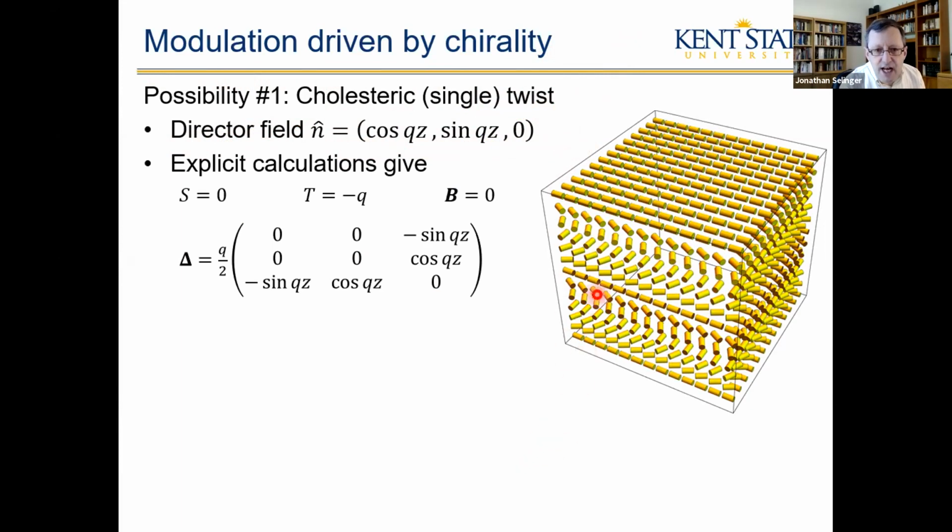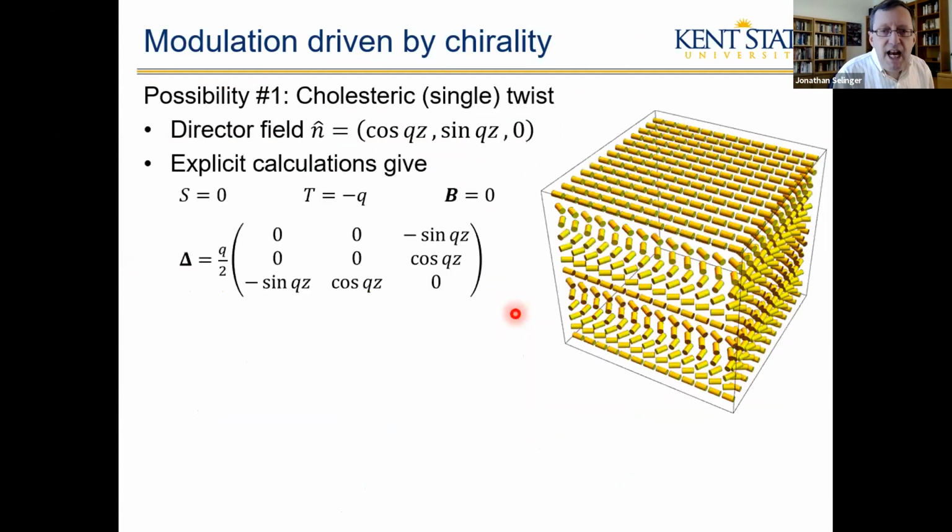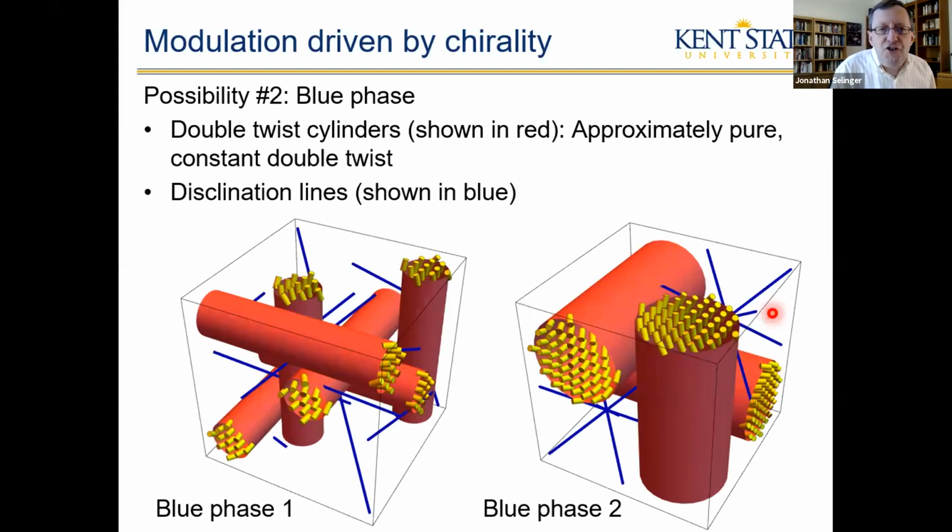This is a phase that has no splay, no bend. It does have twist, and it also has this delta mode. So the liquid crystal has the twist that it likes, and it accepts some of the delta mode that it doesn't like.